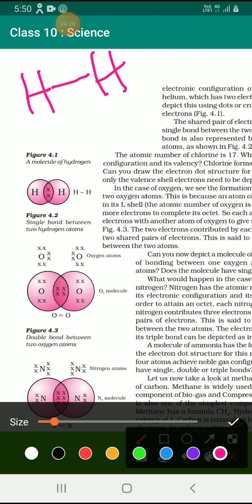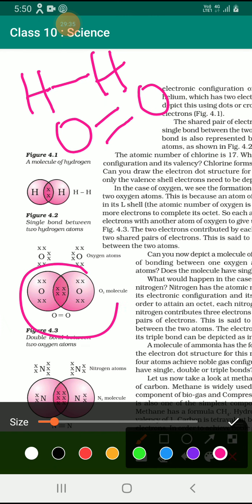So 2 electrons make 1 bond, and 4 electrons make 2 bonds. So in the case of oxygen, 2 bonds are formed, as you can see in the picture.